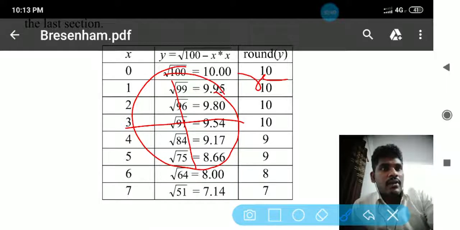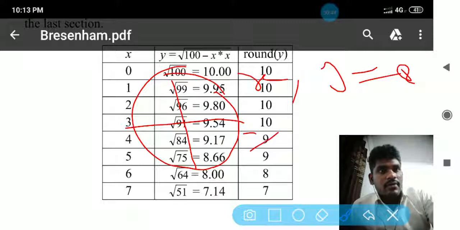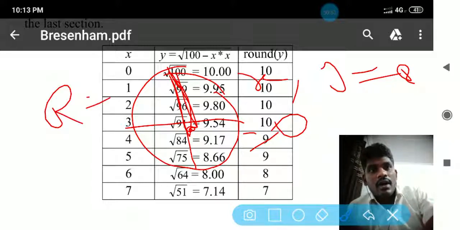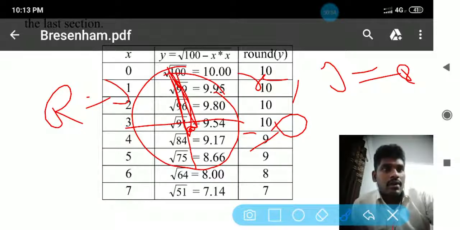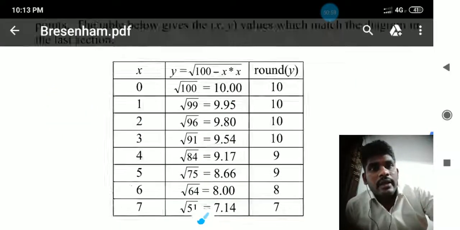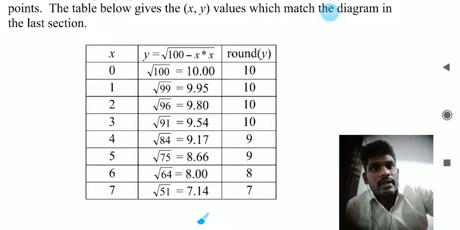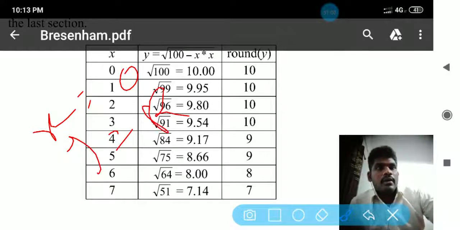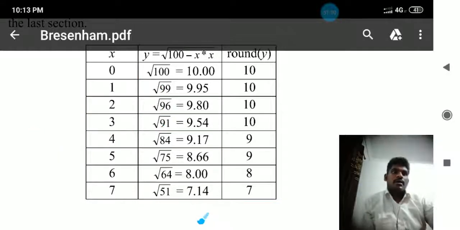Now x value comma y value: x value equal to 0, y in center, x is 0, vertically this is the radius, r equal to y. That's what we are taking as initial x equal to 0, y equal to r.